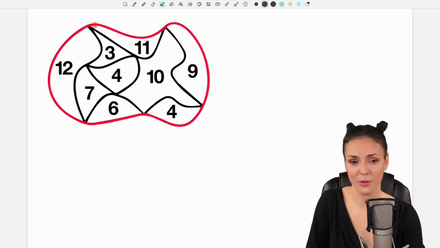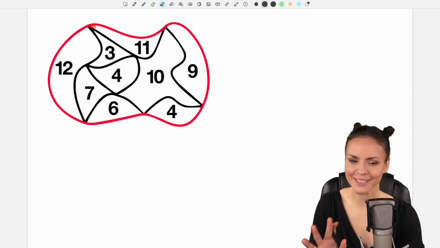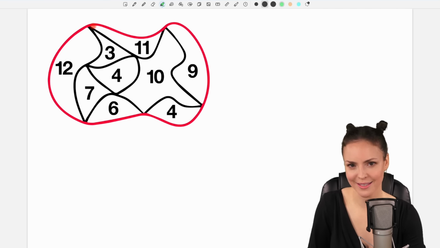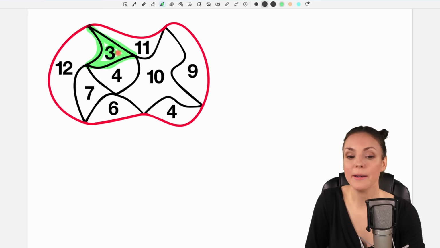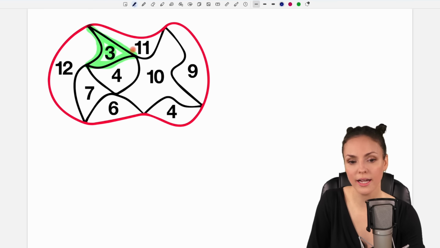My first thought, I don't say that it was a great thought, but I want to share it with you. Maybe some of you had the same thought. So I thought maybe we can start with the smallest region here, the one of length 3, and maybe we can figure out the lengths of these individual lines. So maybe this line is of length 1, this of length 1 as well, and this as well, so that we have 3 in total.